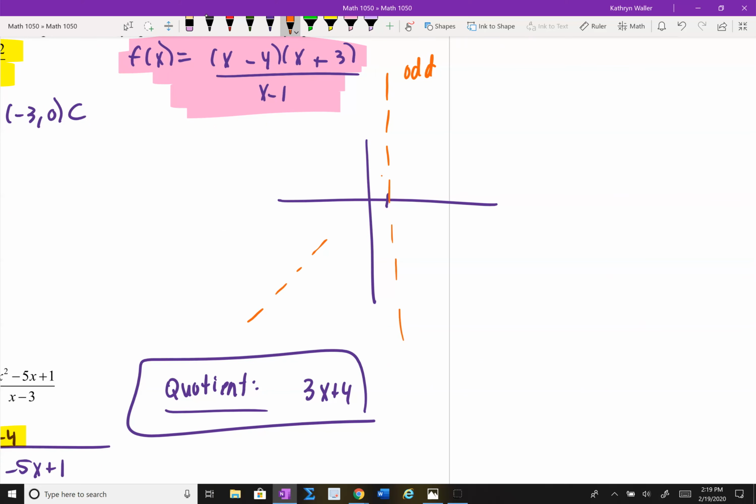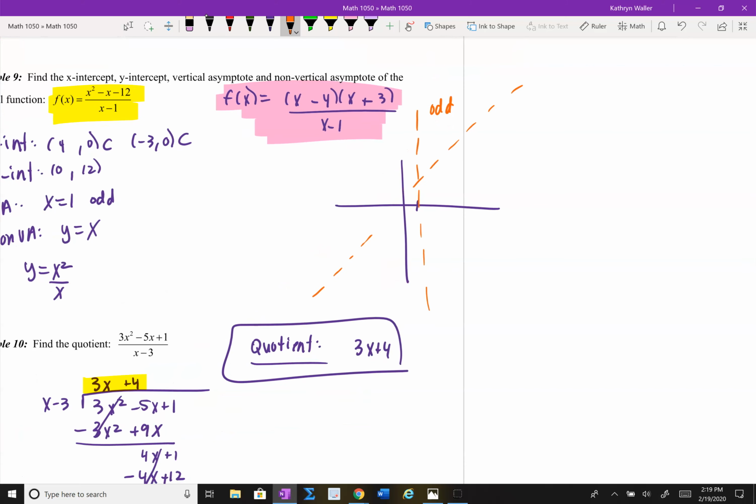Hits the origin at 0, and it goes like that. That's the line y equals x. Up 1, right 1, up 1, right 1, pencil at the origin. What else do I know? I know it's going to hit over here at 4, 0, and it's going to cross. I know it's going to be over here at negative 3, 0, and I know it's going to cross.